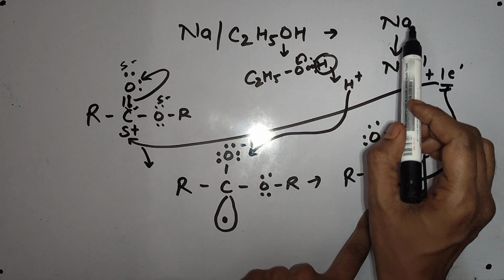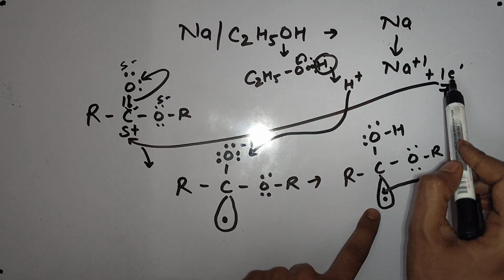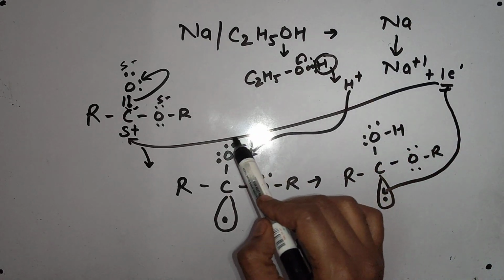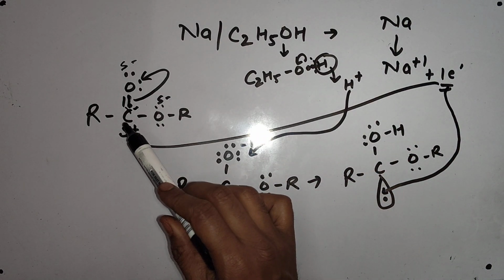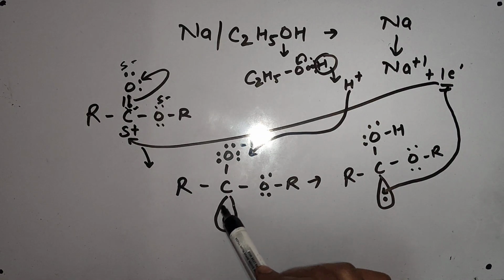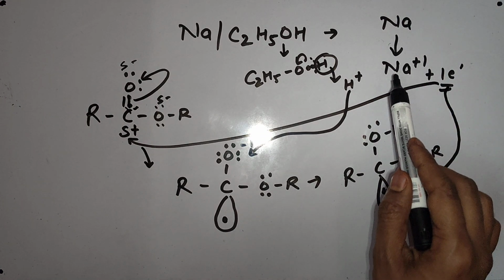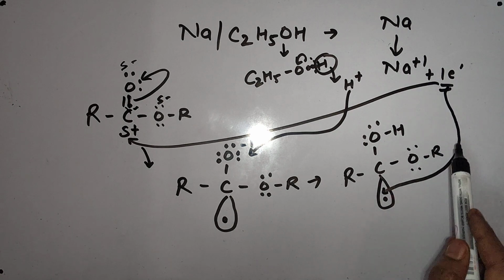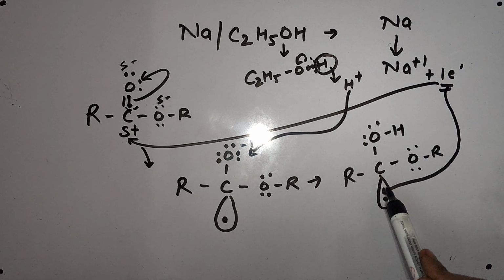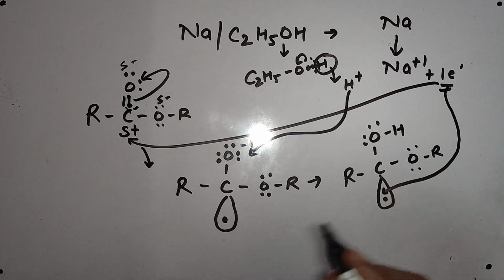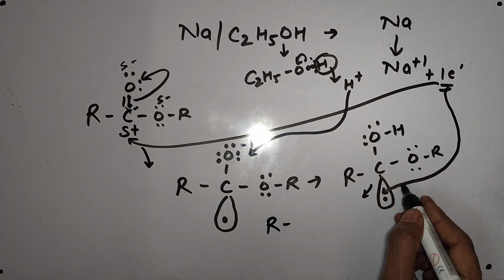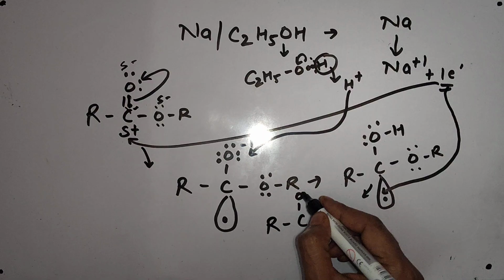Don't get confused: this is the first sodium whose electron went to the carbon, and carbon turns itself to this. This is the second sodium. Again, sodium releases one more electron, and that electron will go to the orbital of the carbon, because in one orbital, 2 electrons can be there.